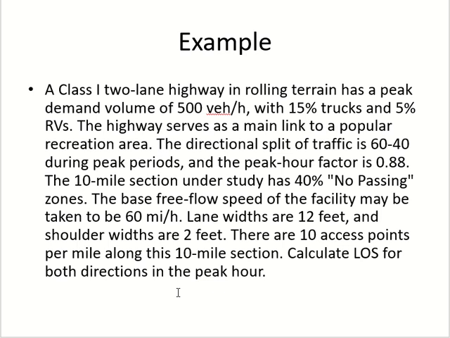So how many miles are no passing? 4 miles, right? Total is 10 miles, 40% are no passing. Base free flow speed 60 miles per hour. Lane width 12 feet. Shoulder width 2 feet. What else? 10 access points.